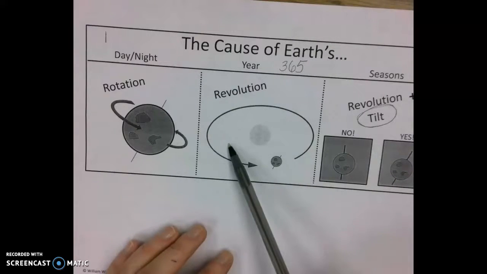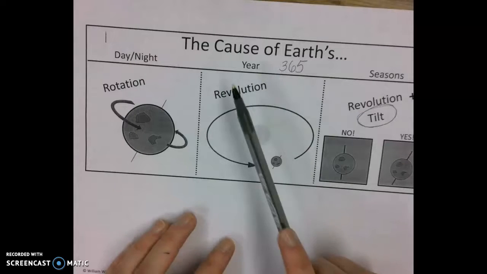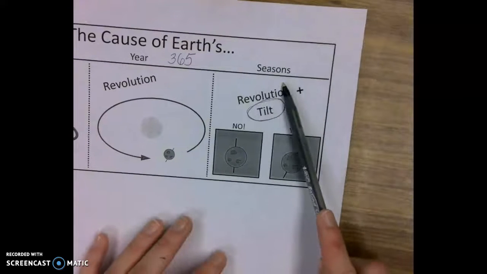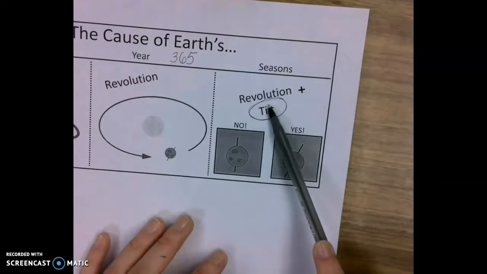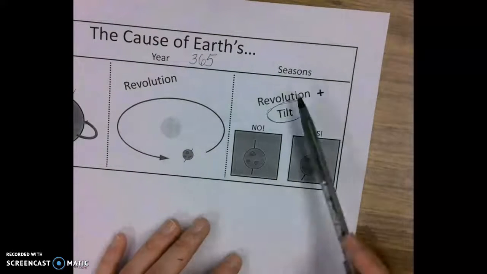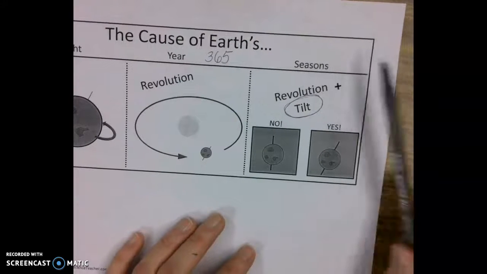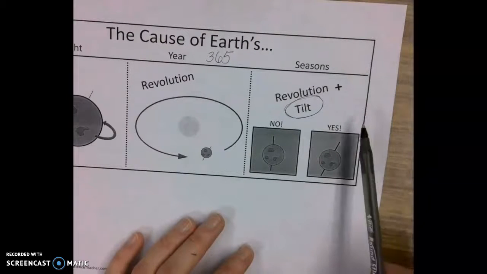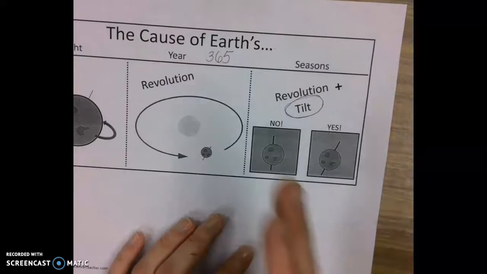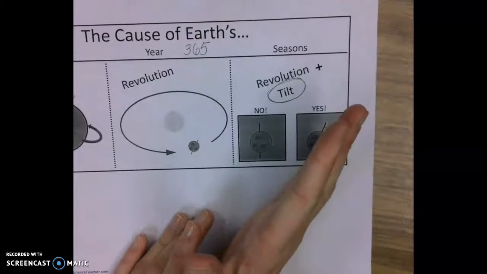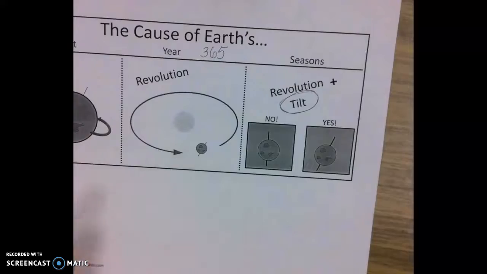So one revolution is 1 year. The seasons happen because of the revolution and the tilt. So sometimes people say seasons happen because of the sun, and that's not accurate. They happen because there's a tilt with the Earth.